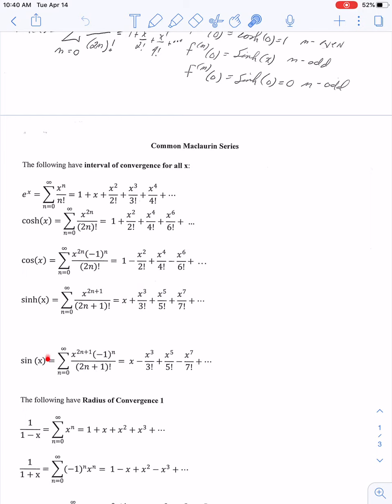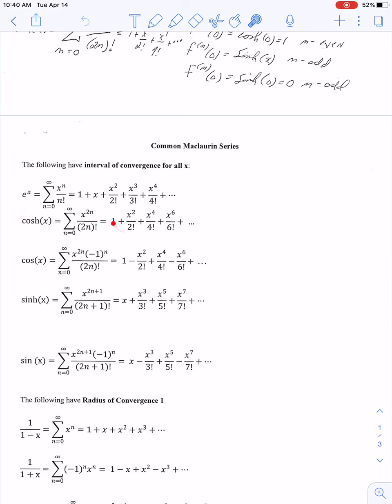Sine is also an odd function, only has odd powers of x. And by the way, additionally, what? Sinh of 0 is 0? Lo and behold, when I plug in 0 over here, since everything has an x, it goes away. By the way, cosh of 0, on the other hand, is what? 1.